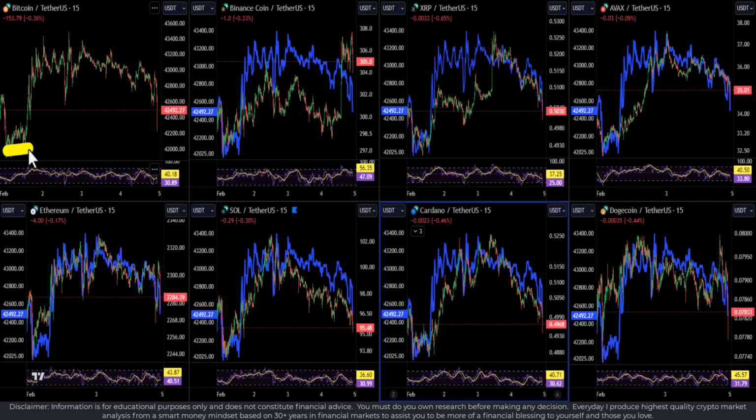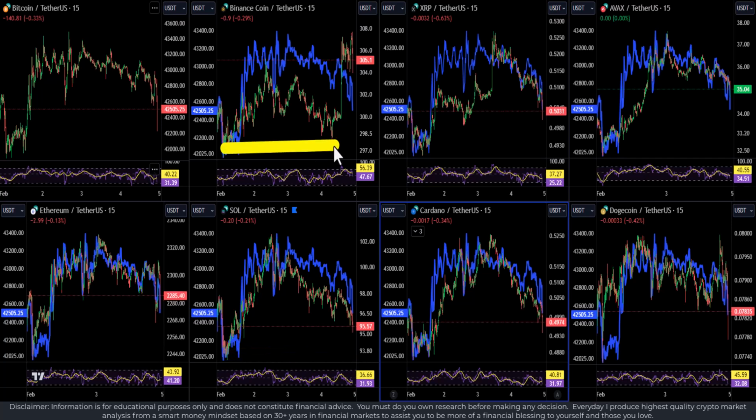We've looked at this particular area on Bitcoin, around that $42,000 mark. If the same thing plays out and Bitcoin comes down to a structural support level around that 42,000, we would expect Ethereum to come down to about 2250. What about Solana? We would expect around that 93, 94 mark.